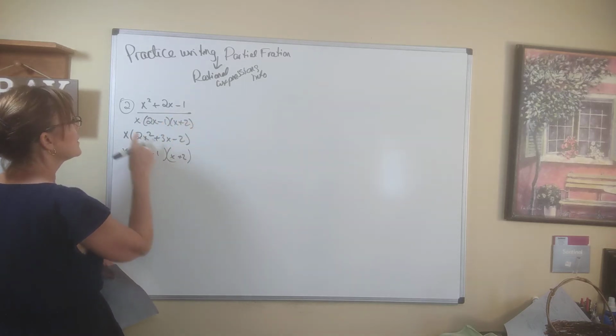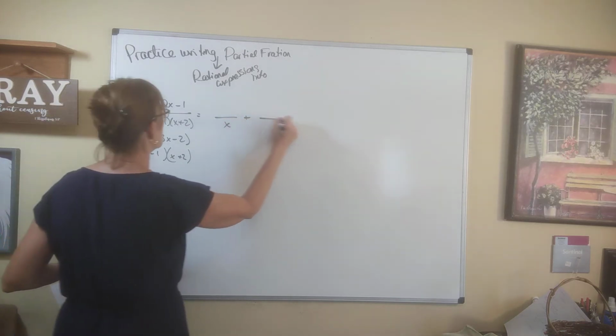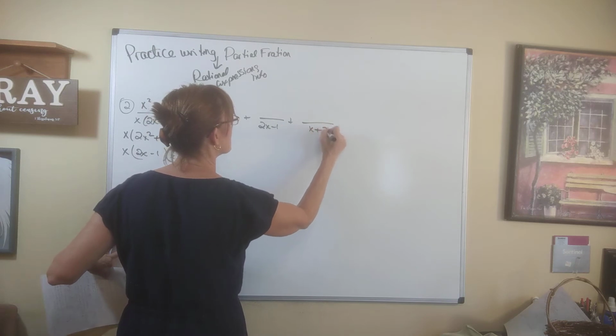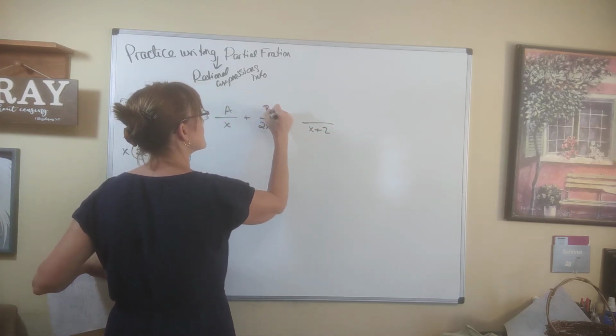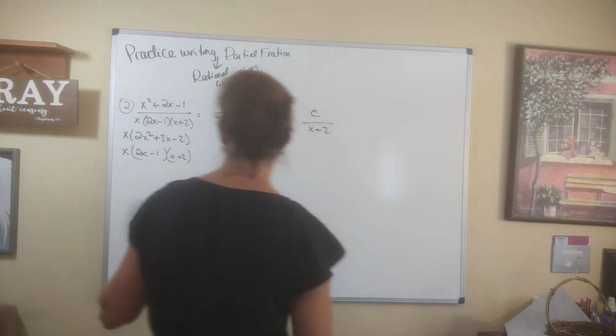All right, now I notice linear factors. So this is going to be something over x, something over 2x minus 1, something over x plus 2. These deserve constants. Okay, now, kill your denominator. Great.